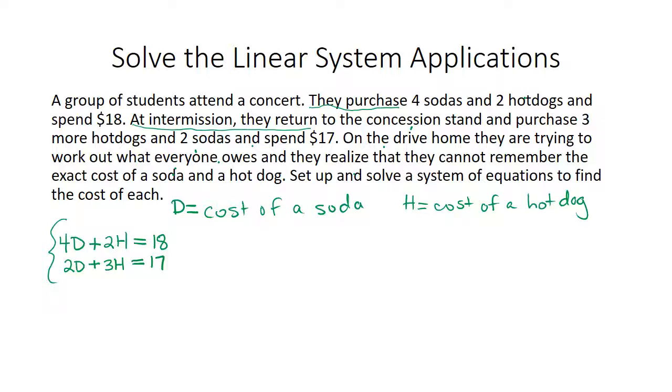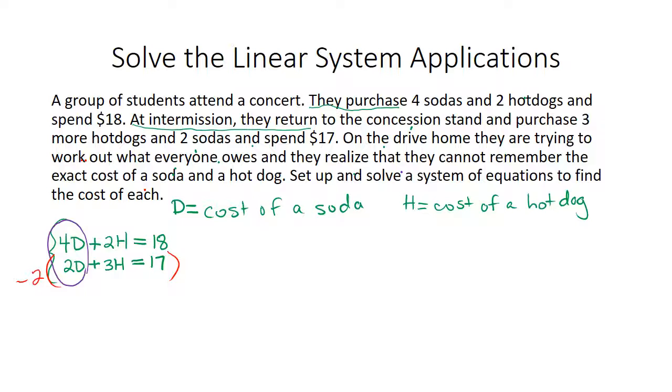So if I want to get rid of the D in my system, I need those to have the same coefficient but with opposite signs. Well, if I leave the 4 alone, I could make the 2D turn into a 4, and in fact it can go ahead and become a -4 if I were to just multiply that second equation by -2.